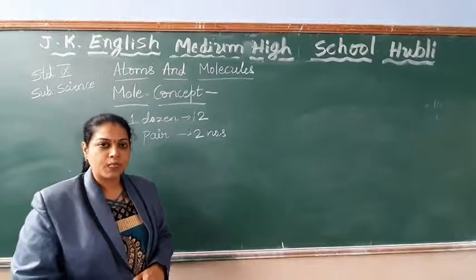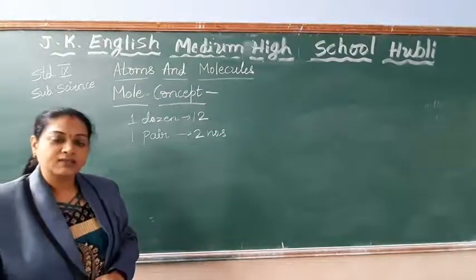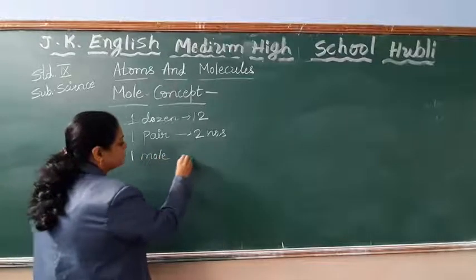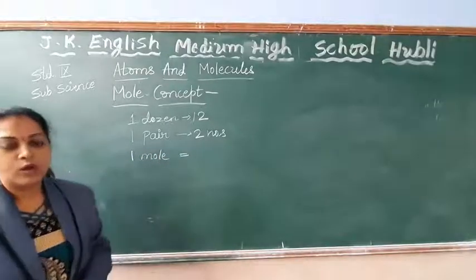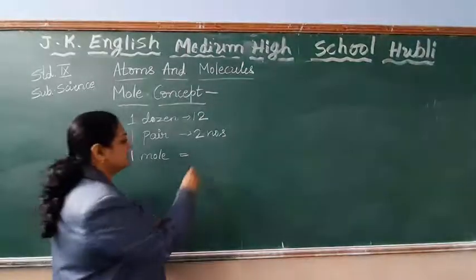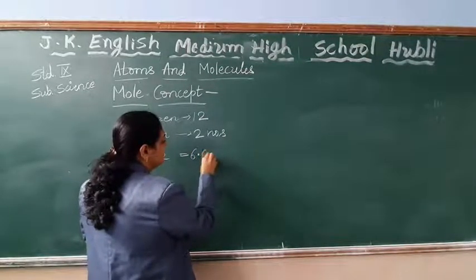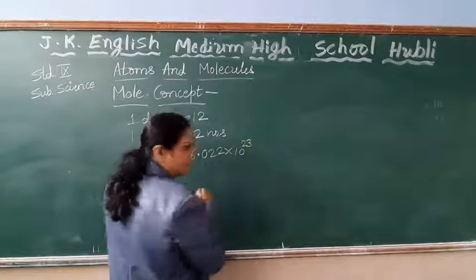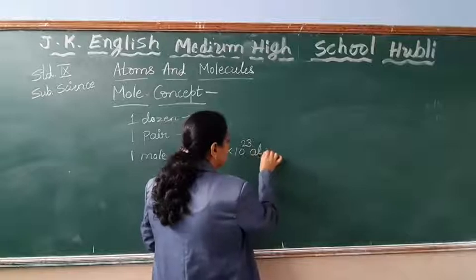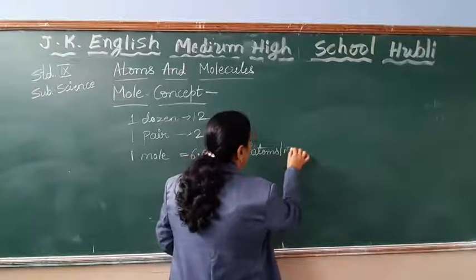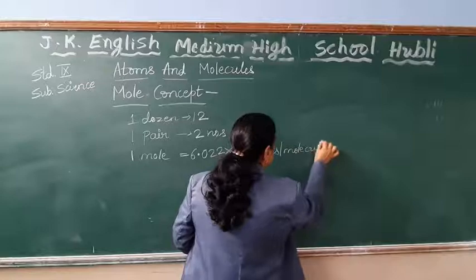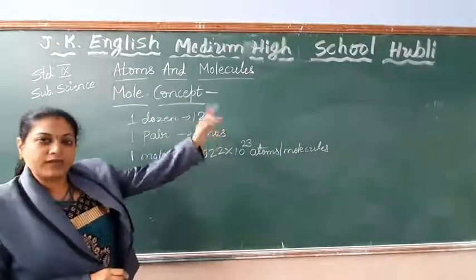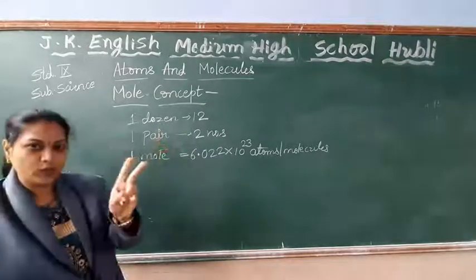Like that, there is one more concept, that is the mole. What is this 1 mole? 1 mole is nothing but 6.022 into 10 to the power of 23 atoms or molecules. 1 dozen means 12 in number, 1 pair means 2 in number.